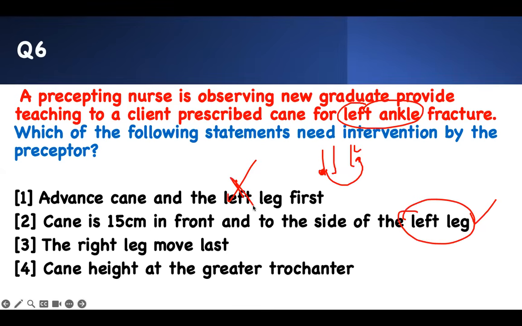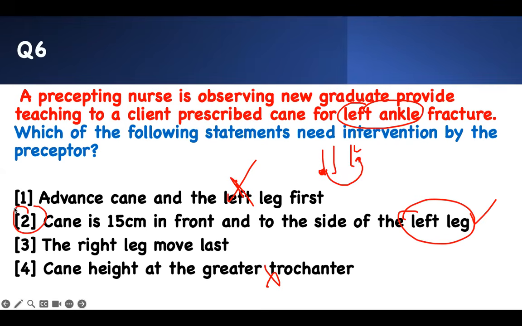This does not. The right leg moves last because it's the good one. And the cane height is at the greater trochanter. That's how you measure it. Therefore, you hold the cane on the good leg side and in front, not on the bad leg. So this needs intervention by the preceptor.